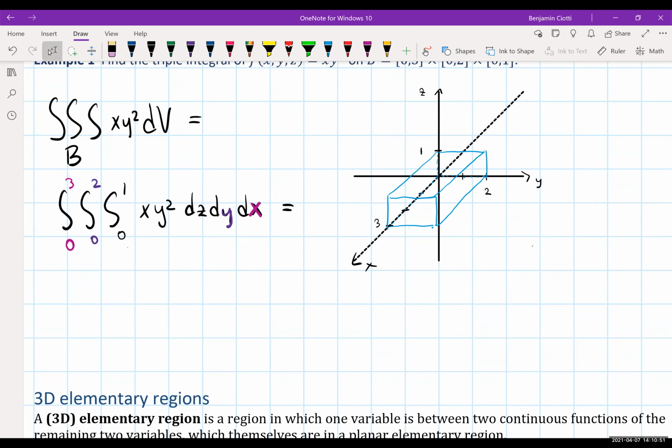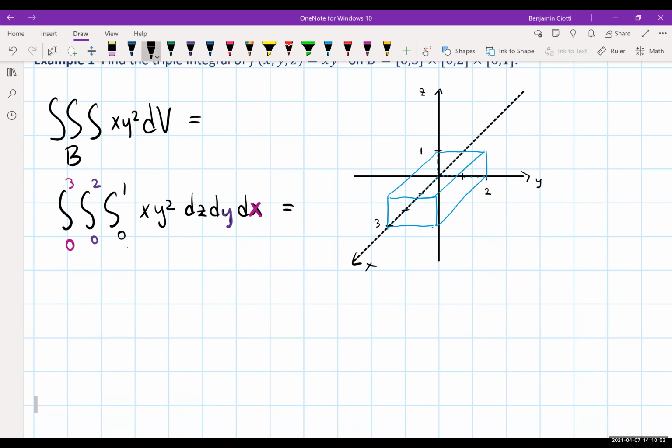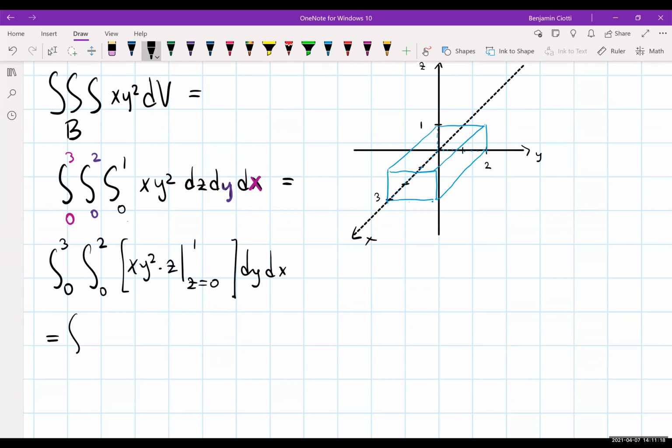So let's see. We'll get, this doesn't even depend on z, so it's pretty easy to integrate. Let's see, that's 0 to 3, 0 to 2. Well, just xy squared, I guess.